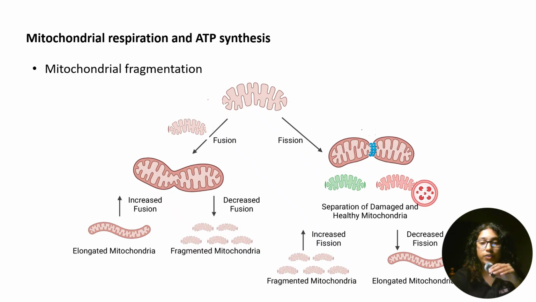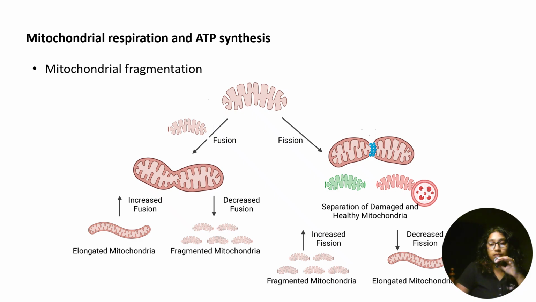Okay, then comes the fission. In this process, the mitochondria wants to isolate the part that is damaged or has experienced stress, and it diverts all its resources away from a certain part of the mitochondria. When the fission takes place, there is a healthy mitochondria, and all the damaged part goes into a damaged mitochondrial assembly.